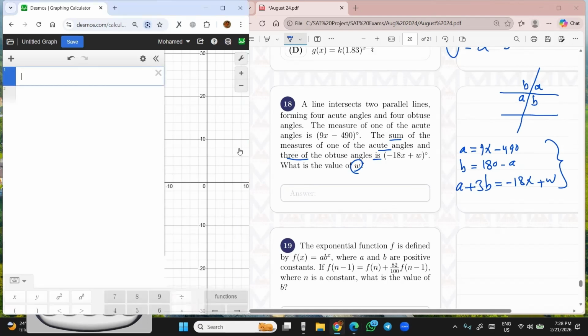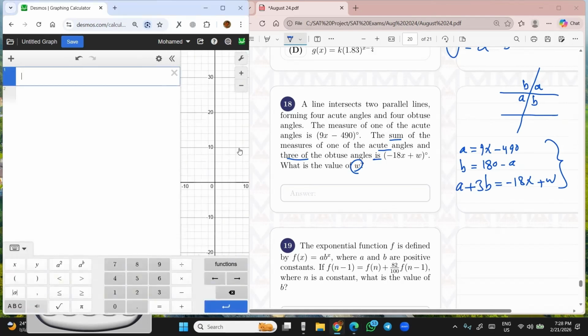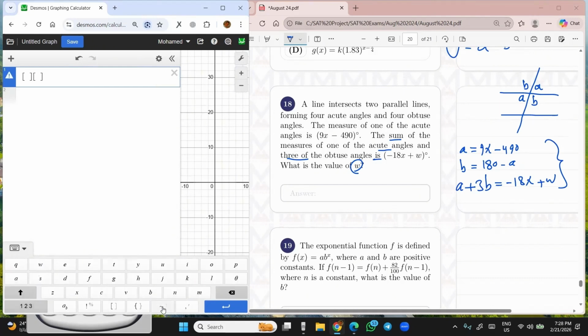Let's make them together. We can write a list of values. In the middle, we write this sign, tilde, and then on the left we write A. The value of A is 9x, but we just write x1 minus 490.